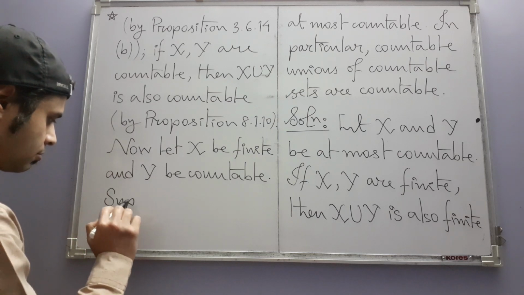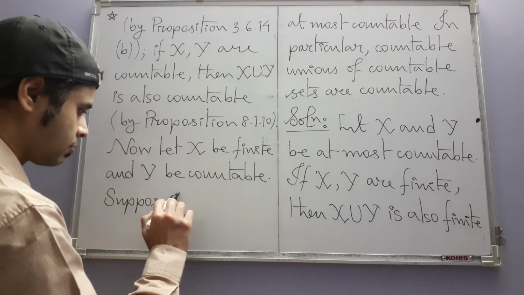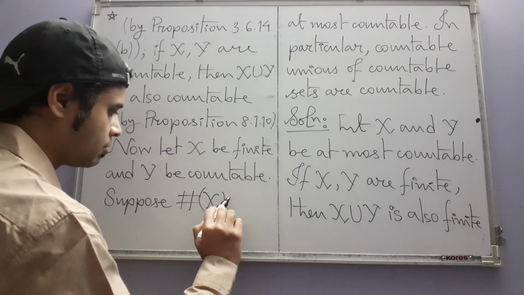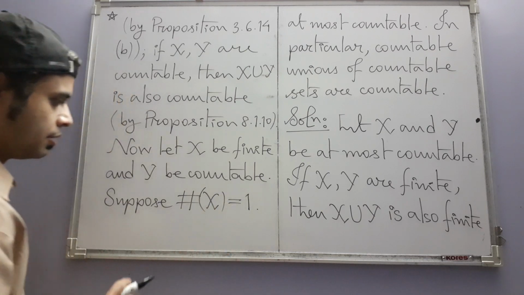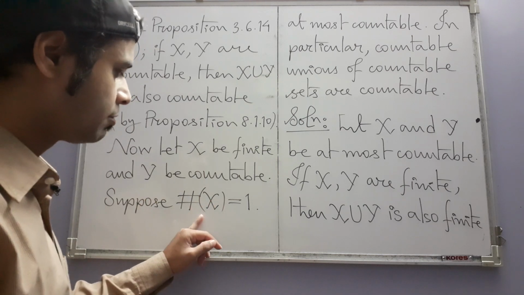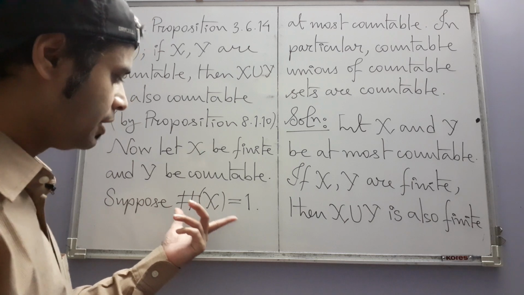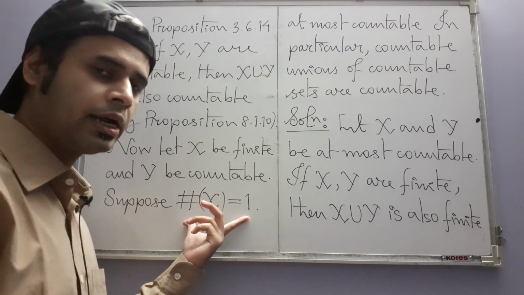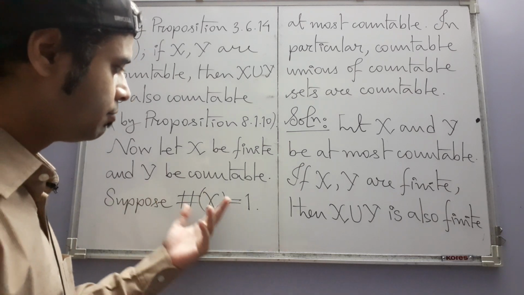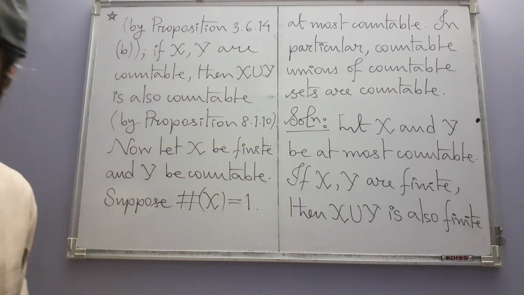Suppose the cardinality of x is 1. This of course is not the general case, because the cardinality of x being a finite set can be any natural number, but we are specifically going to look at this case and see what we get, and then from that we are going to handle the general finite case.